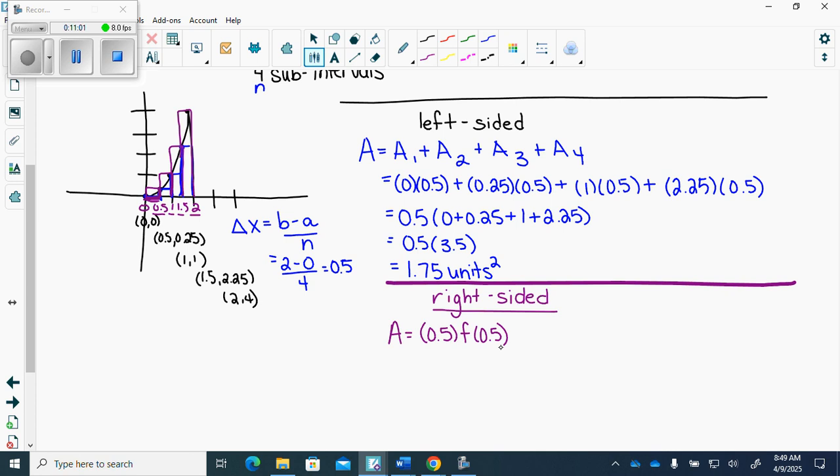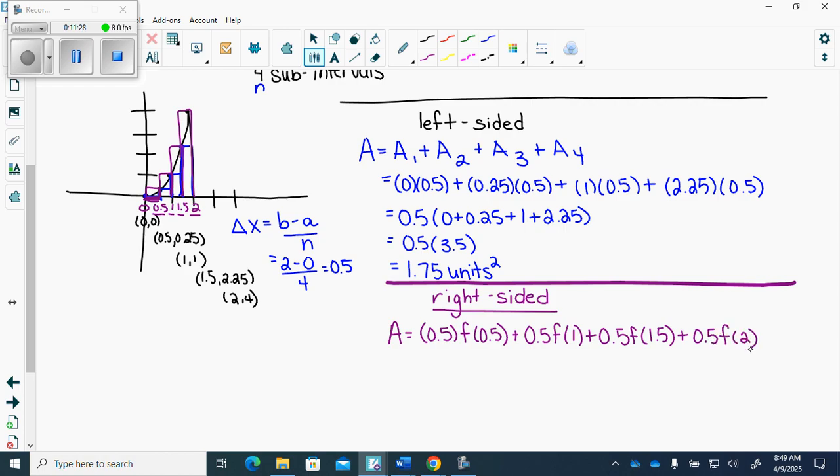That's the right-sided one, correct? f of 0.5 is this height, yes? And then they'll go plus 0.5 times f of 1, plus 0.5 times f of 1.5, and then plus 0.5 times f of 2.